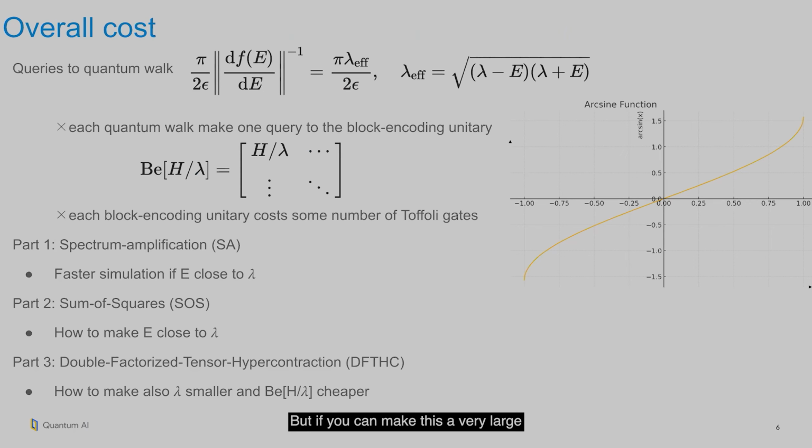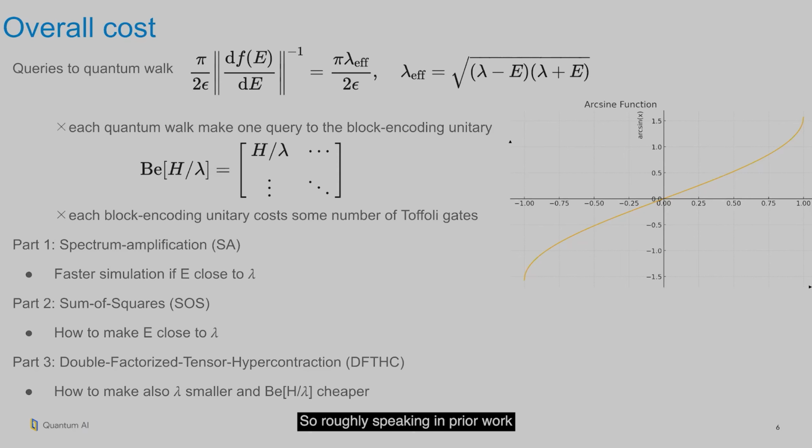But if you can make do with a very large step size, you can make do with a smaller cost. If you were to directly differentiate this arc sine function from the previous slide, you'll find that this lambda effective is going to be this strange looking function. There's this normalization factor lambda. I'll go into that later. It has to do with the normalization in the block encoding representation of your Hamiltonian. And then that's going to be the energy that you're trying to estimate.